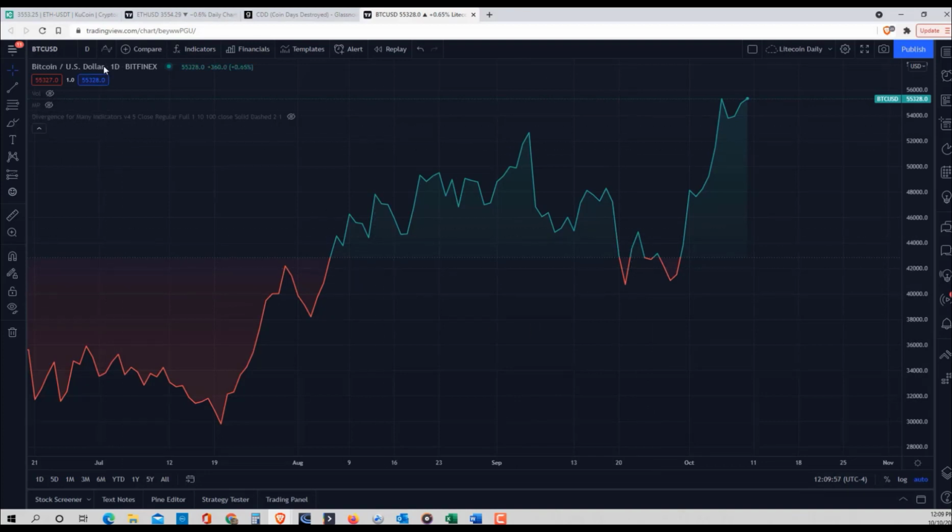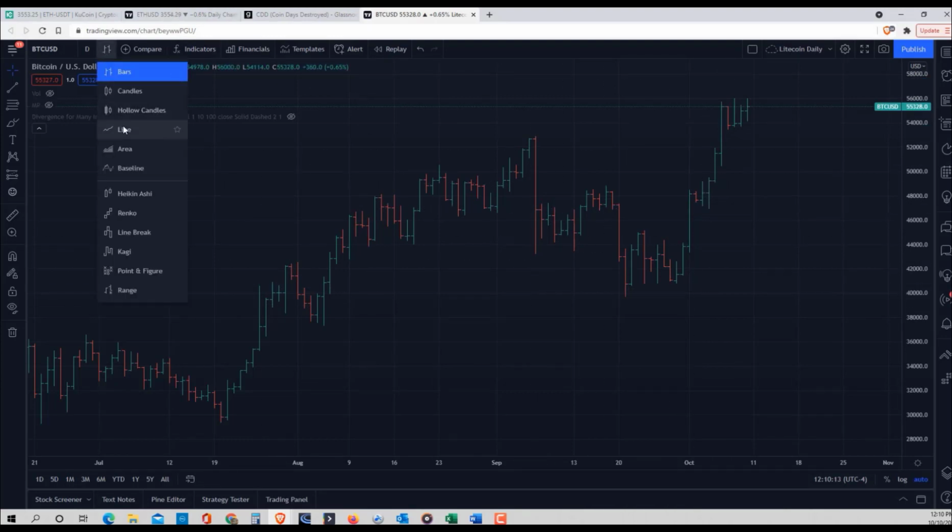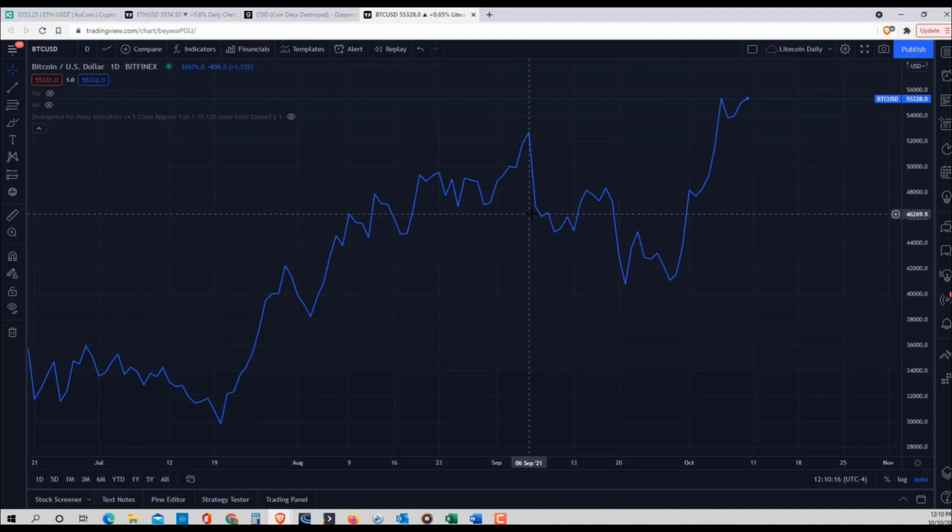So to recap, we have the bar chart that represents the full trading session for the day, the open, high, low, and close, which gives you the full view of the particular trading day. We have the line chart, which only represents the closing prices, which is the most important price when you are dealing with these markets, because that's really where the market is, right?